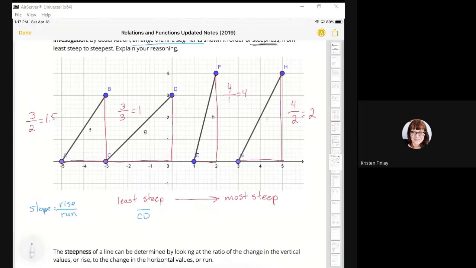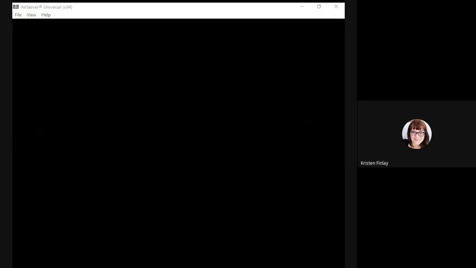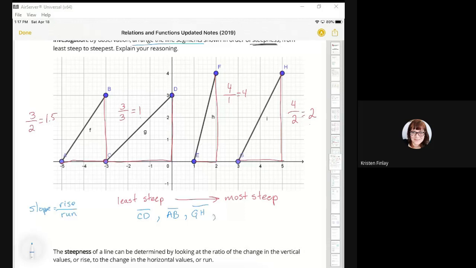Then would be AB, because it's the next largest number, which is 1.5. Then we would have GH, which is the next, which is 2. And then finally, we would have EF, which is the most steep at 4.